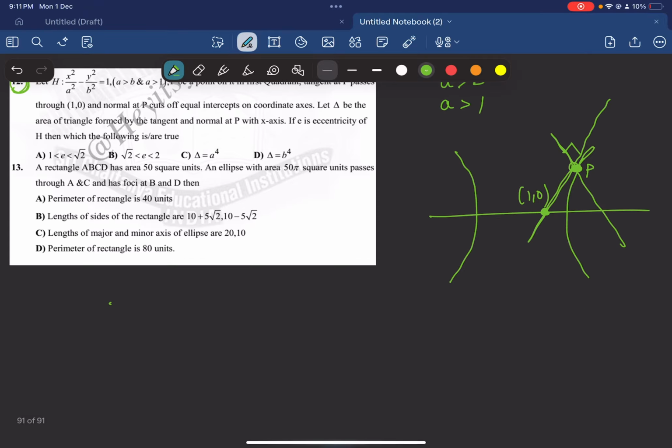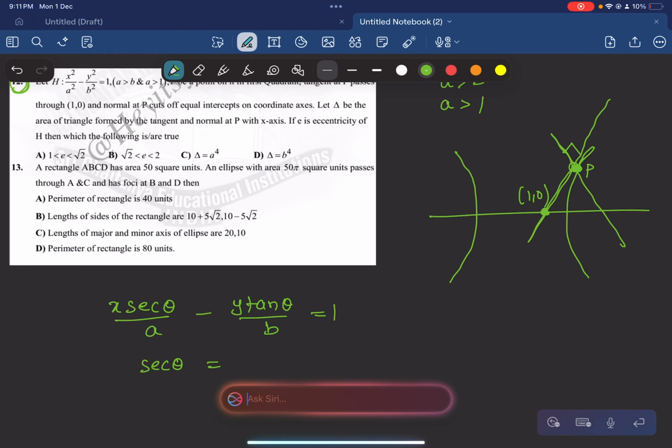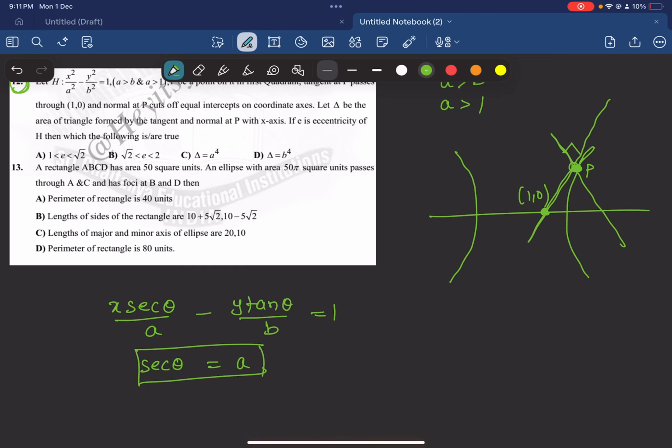What is the tangent equation for the hyperbola? x secant theta by A minus y tan theta by B is equal to 1. So this passes through (1, 0). So secant theta is equal to A. So this is what it gives us. Now, what is the slope of the tangent?